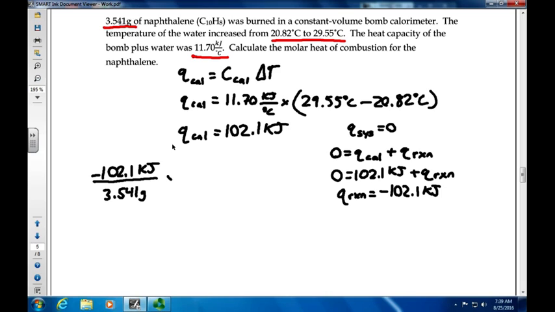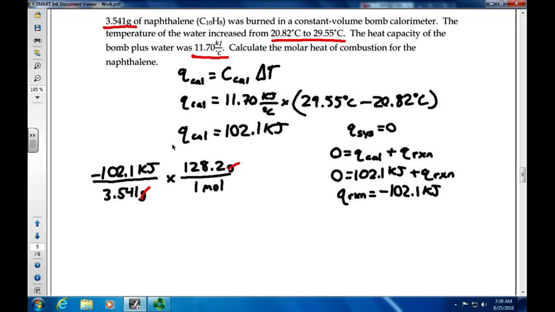Then we're going to multiply that by the molar mass of naphthalene, which, after you do the calculation by adding 10 molar mass carbons and 8 molar mass hydrogens, is 128.2 grams for every 1 mole.